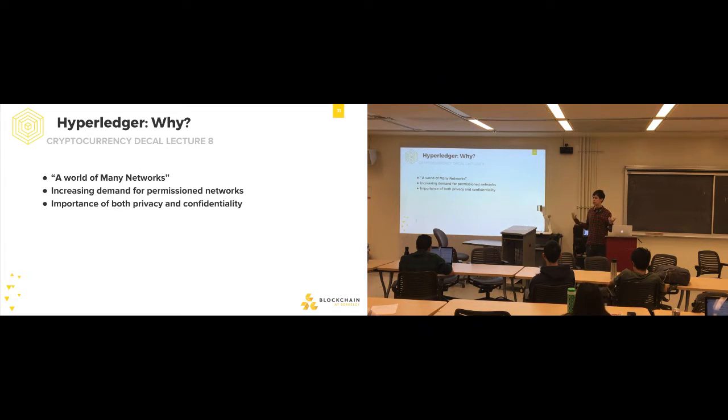Imagine Bank of America and Chase using different software, and what HyperLedger is trying to do is allow these two different parties with different software to interact in a reliable manner. There's also an increased demand for permissioned networks. We discussed this a little bit earlier, and the importance of both privacy and confidentiality.